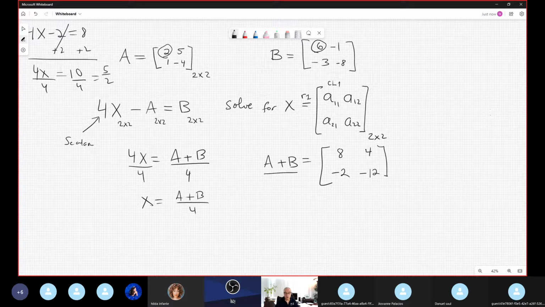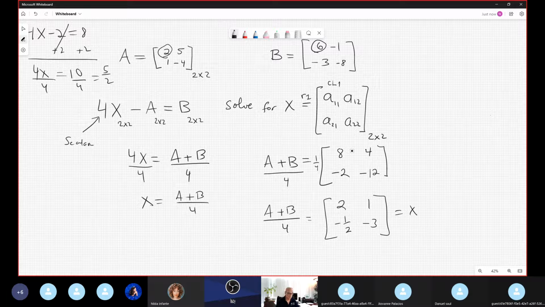Now divide by 4, which is equivalent to multiplying by 1/4. You know very well that multiplication by a scalar means each entry is multiplied: 8 divided by 4 is 2, 4 divided by 4 is 1, negative 2 divided by 4 is negative 1/2, and negative 6 divided by 4 is negative 3. Final answer. This is the X matrix that satisfies this equation. Cool? Cool or no?